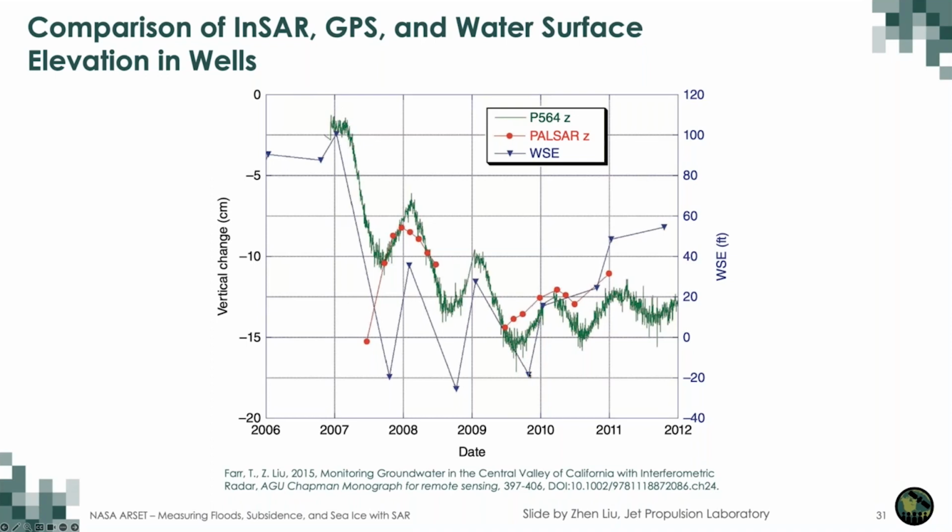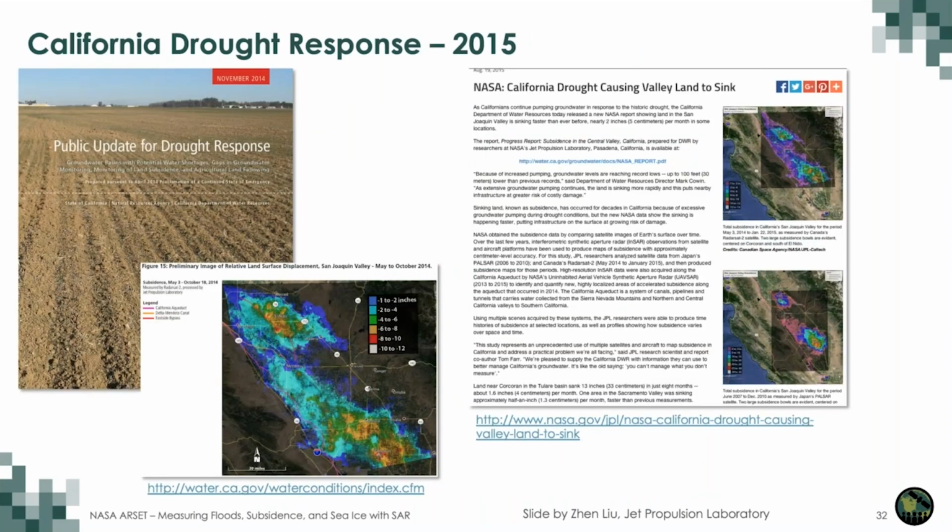When there was a drought, the water levels recovered somewhat in 2011 and 2012 when there was more rainfall and they extracted less water. This is a major issue in the state of California. They passed a new law in 2015 after seeing some of these extreme amounts of subsidence due to the groundwater extraction.